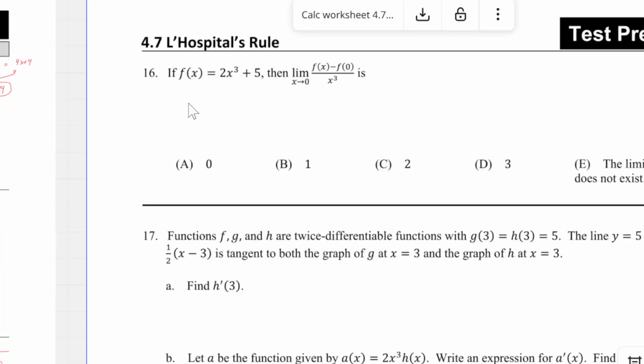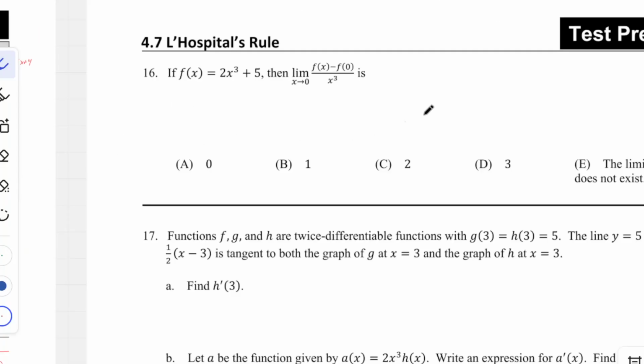Let's see, if f of x equals that. I guess I'll just plug these in and see what happens. F of 0 is just 5. 2x to the third over x to the third, which is just 2.